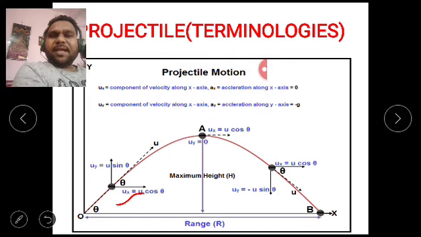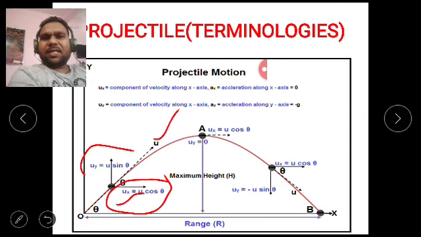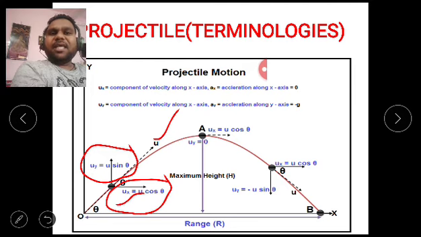At any instant, the instantaneous velocity will be given by the tangent to the curve, and it can be resolved into two components, one horizontal and another vertical. The horizontal and vertical components act simultaneously together and are independent of each other.